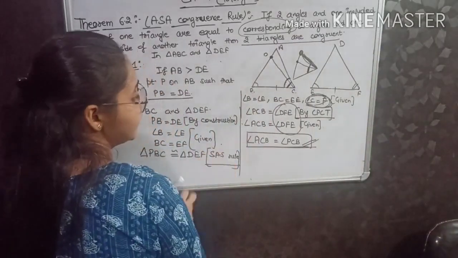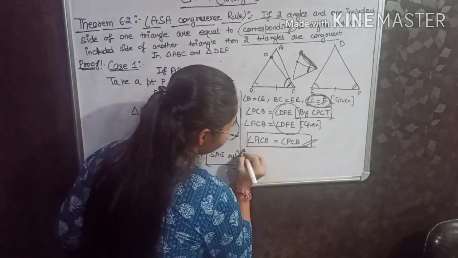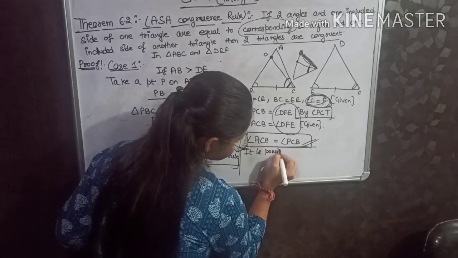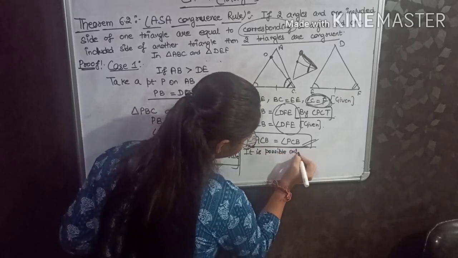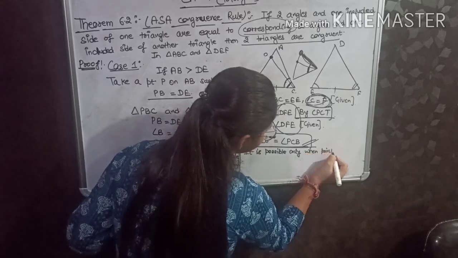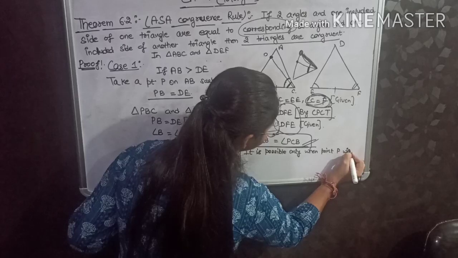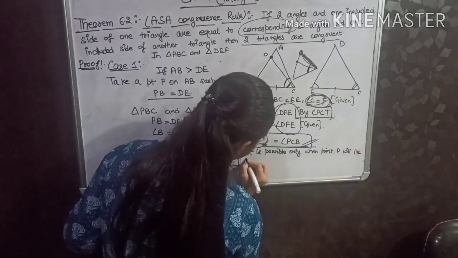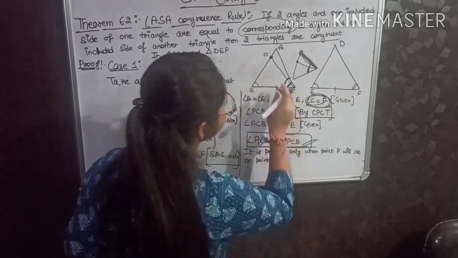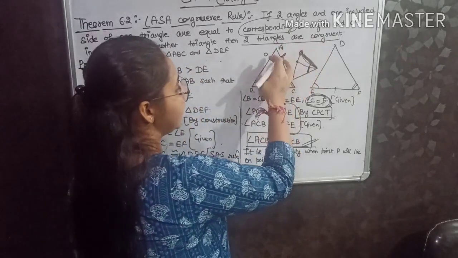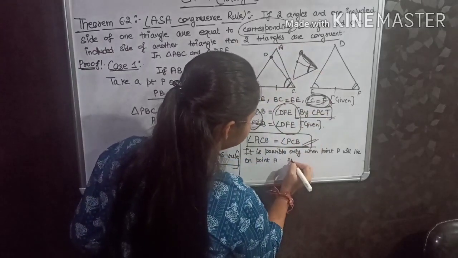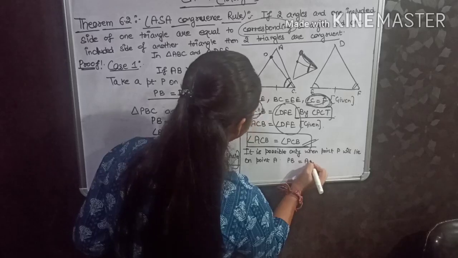So, after this step, you can write it is possible only when point P will lie on point A. And when point P lies on point A, it means PB is equal to AB.